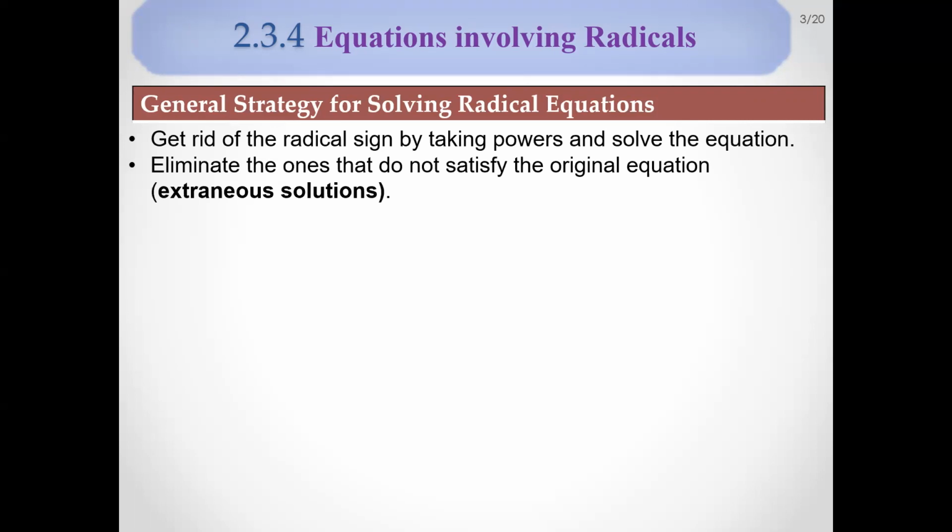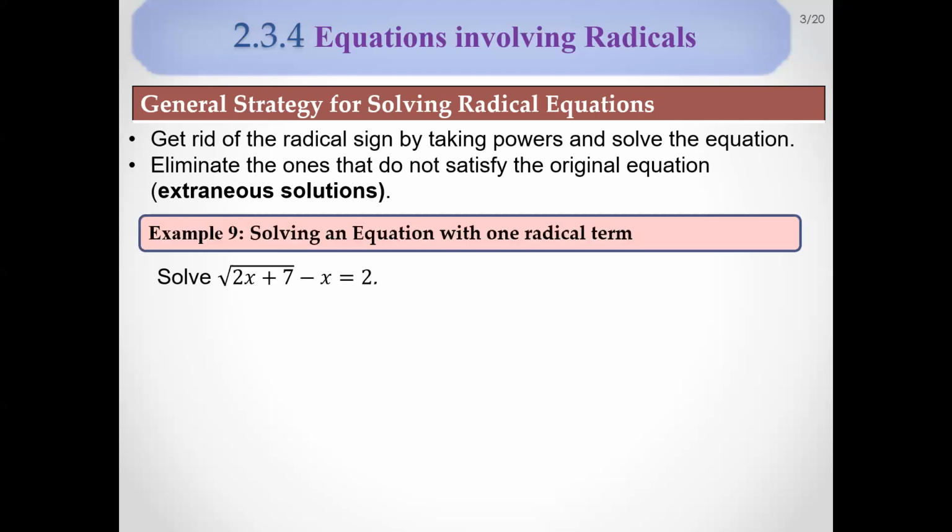And if we have a negative number inside the radical, it gives us a non-real number, so we can have problems here. So we have to check our candidates to detect extraneous solutions. So let's see an example.